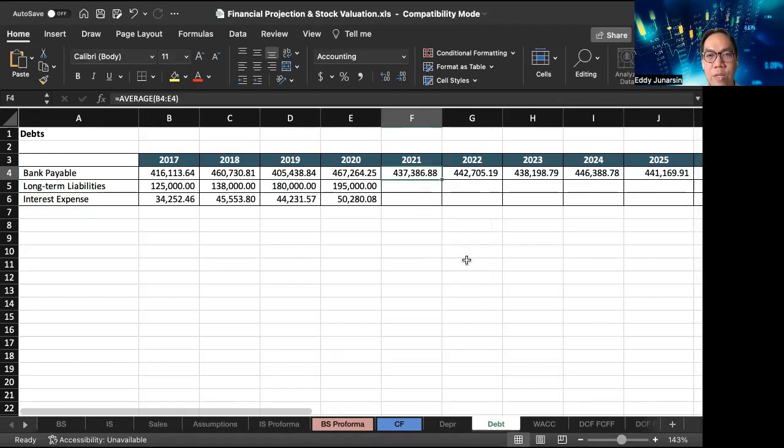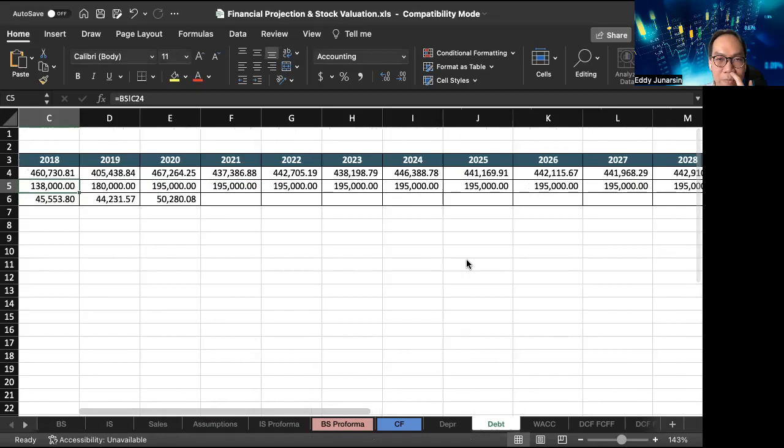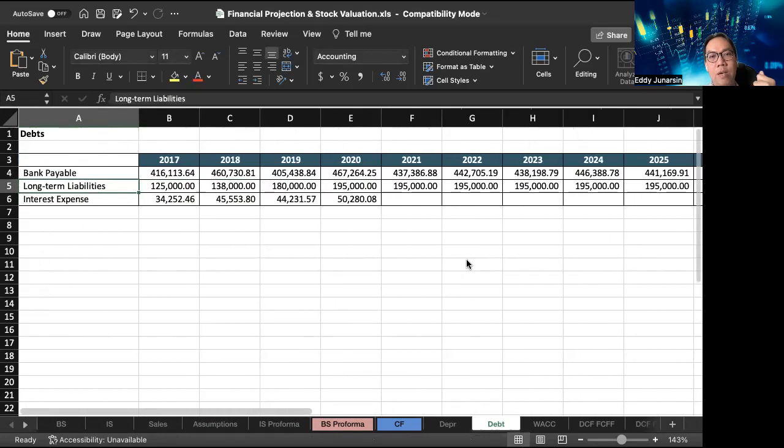So we're doing the moving averages of the amounts for the last 4 years. Long-term liabilities, if you look at the pattern here, for this example I'll just assume that we stick with 195 million, following the last figure, because again the trend is increasing, it's an uptrend.